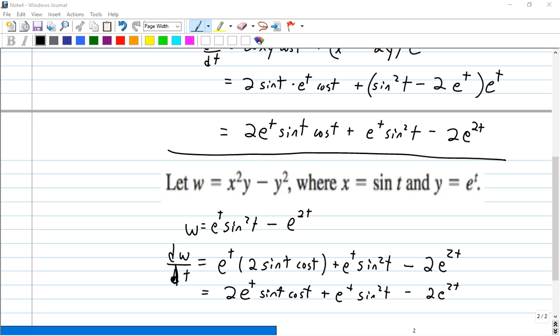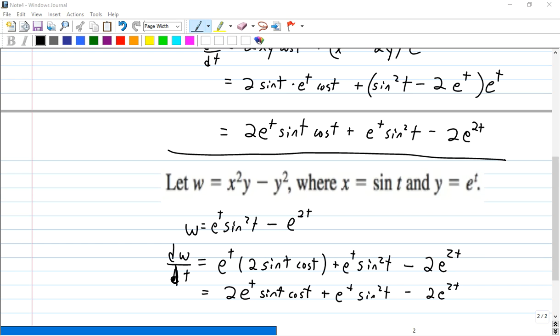So is one easier than the other? Sometimes one is easier than the other. It depends.